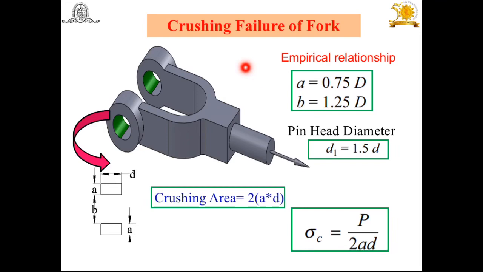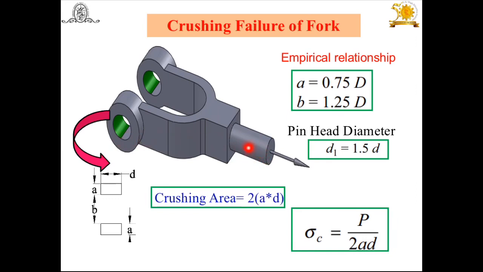Then the third one is the crushing failure of the fork. Again, if this pin is properly fitted and there is no relative movement, you will find crushing stresses are going to be induced in it. And again we have to consider the projected area of contact between the pin and the fork. The fork consists of two eyes, this and this. That means we have to consider the projected area of the top eye and the projected area of the bottom eye of the fork.